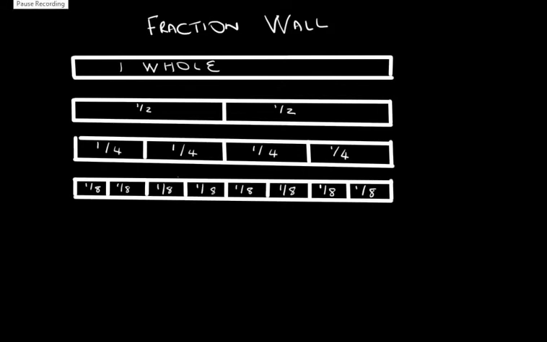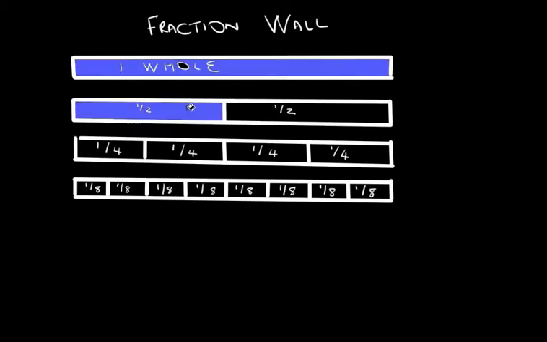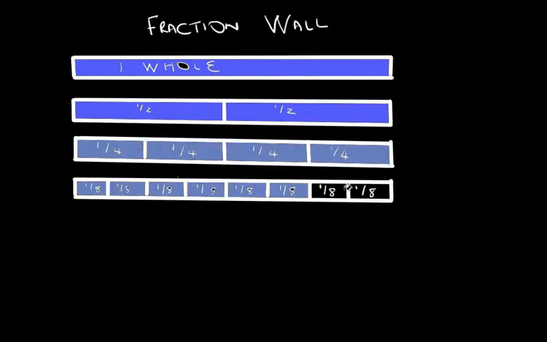When it's divided into 4, you'll get 4 1/4 portions. And when it's divided into 8, you get 8 1/8 portions. So 1 whole is the same as 2 halves or 4 quarters or 8 eighths.